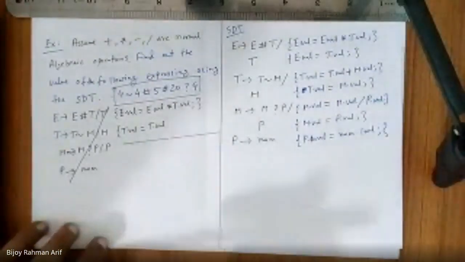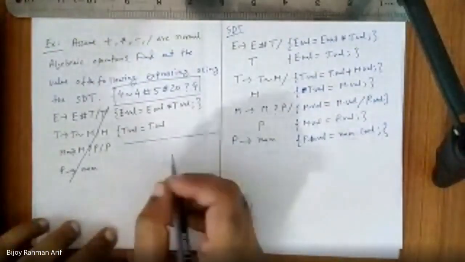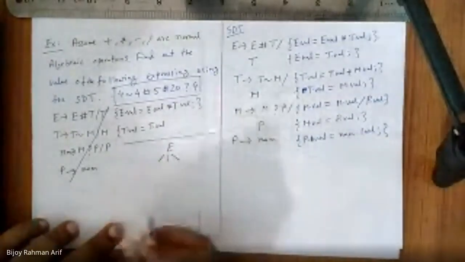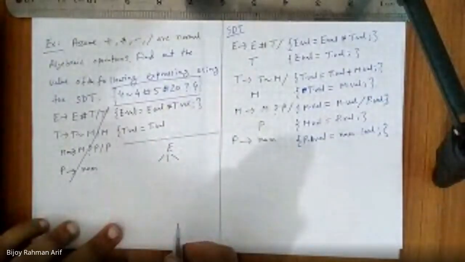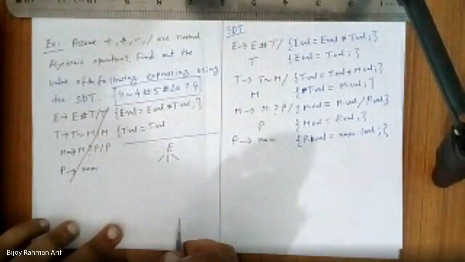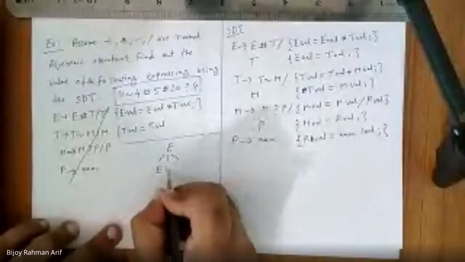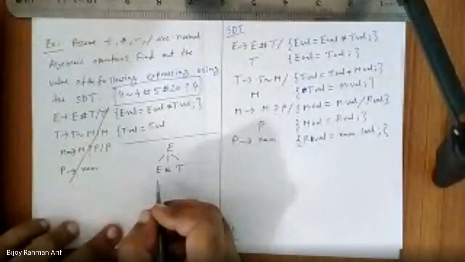So it will be like this. E derives what? E derives E hash T.